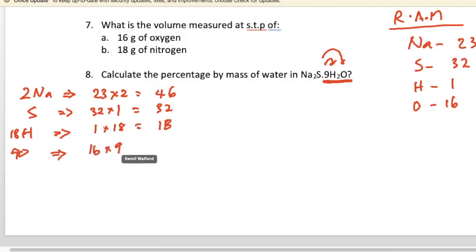I don't know my 16 timetable so far, I know it up to 5 times 16, so I'm going to have to resort to the calculator for this one. 16 times 9 is 144. I did not know that. And I'll just bracket the part that's associated with water. So 9 water there.